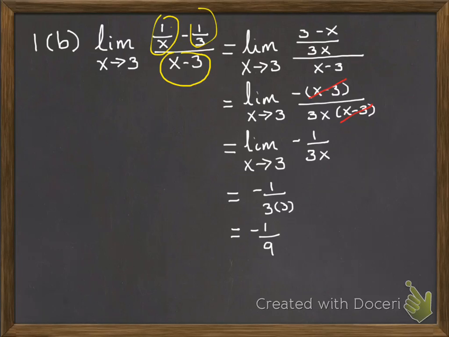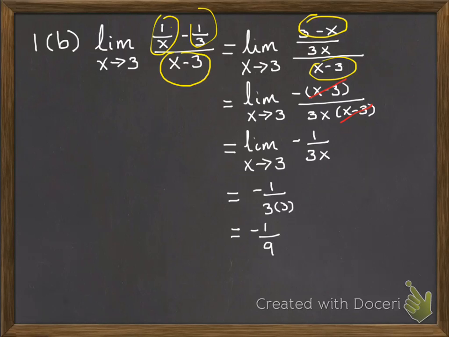To make it look like this, you can rewrite 3 minus x as negative 1 times x minus 3. As a result, we get this expression. The x minus 3's will cancel each other.